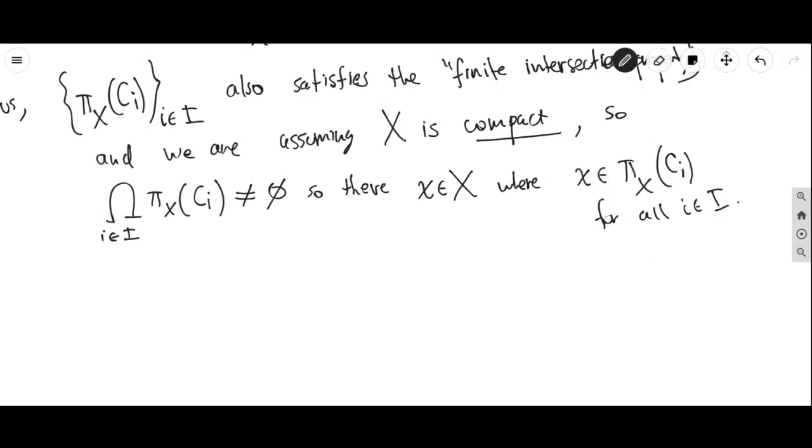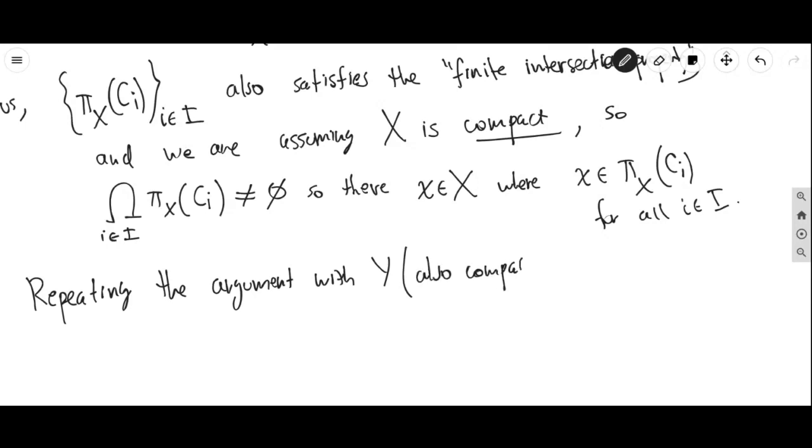Now repeating the argument with Y, because this is also compact. We're assuming both X and Y are compact.